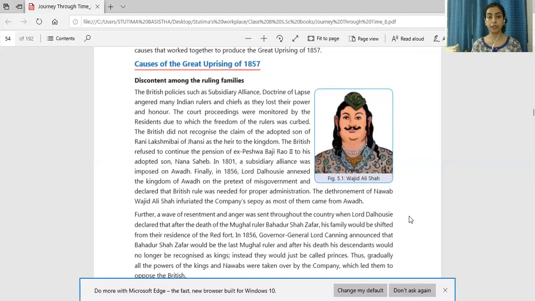If you can remember, in the subsidiary alliance the British said that a resident, a British official, will stay in the king's court, to see whatever is going on in the king's place.